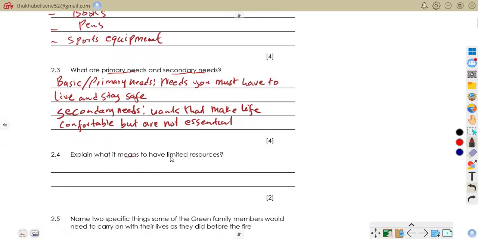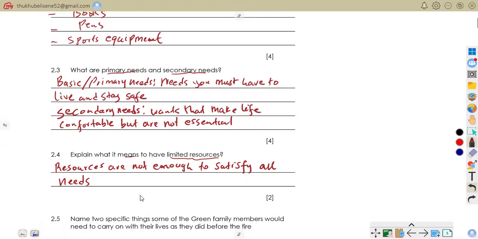So now let us move on to 2.4. Explain what it means to have limited resources. So limited resources, these are resources that are not enough to satisfy all needs.